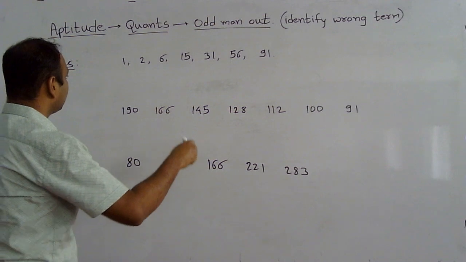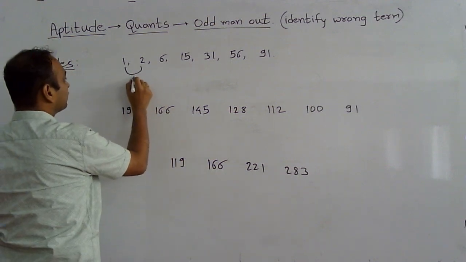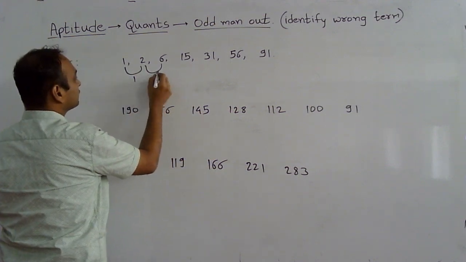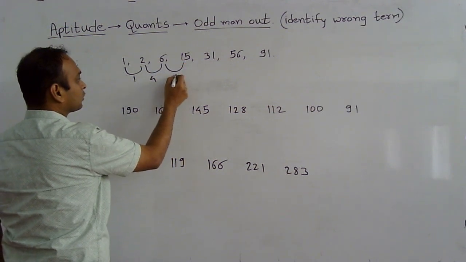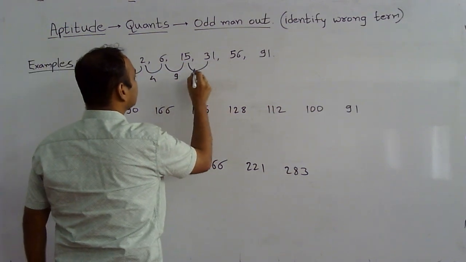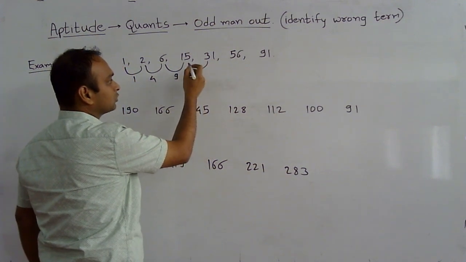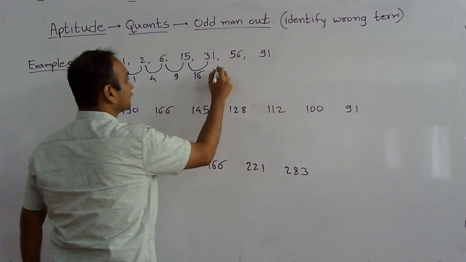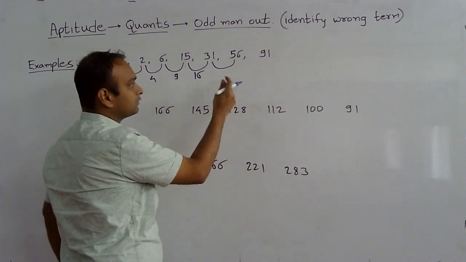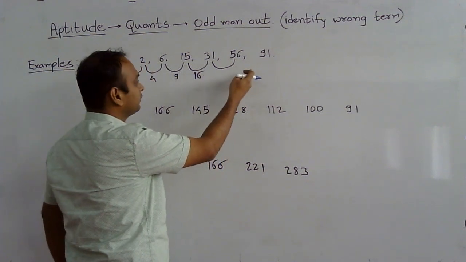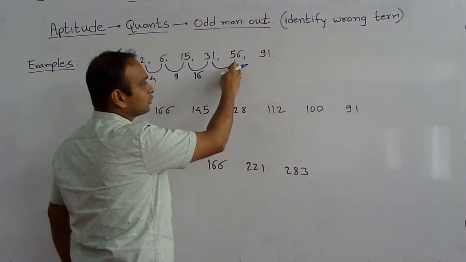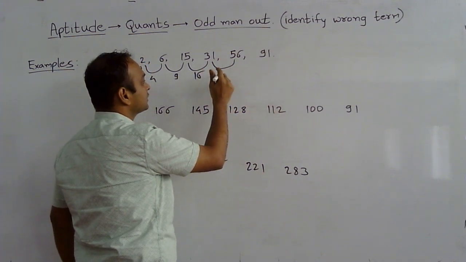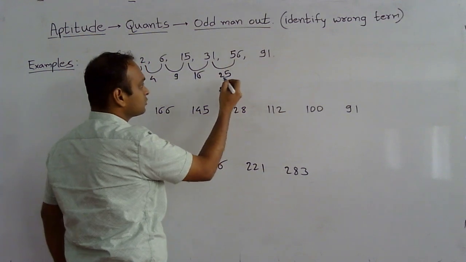If we find out the differences, here the difference is 1, here the difference is 4, here the difference is 5 plus 4, 9. Between 15 and 31, 16 is the difference. Here, if we double 31, it is 62, and 56 is 6 less than that, so the difference is 25.